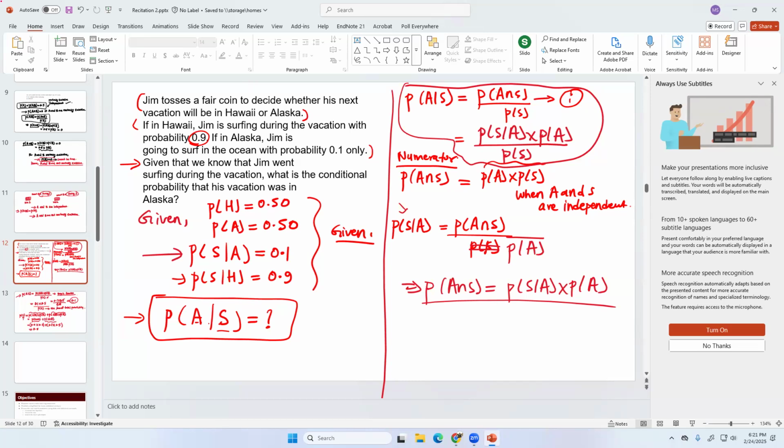Coincidentally, these two things are equal, but they might not be always equal. The first one is saying if he goes to Alaska, what is the probability he surfs, right? The second one is saying given that he surfed, what is the probability he's in Alaska? So, two different things.